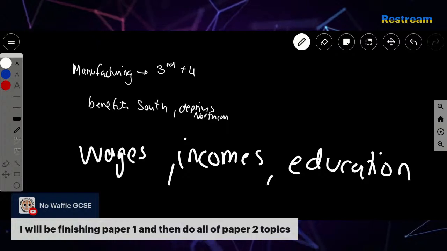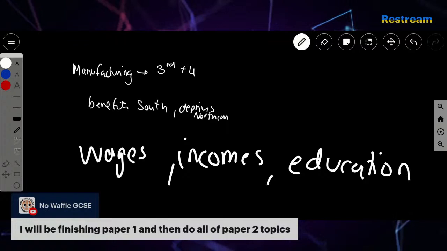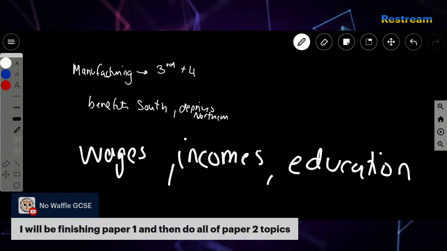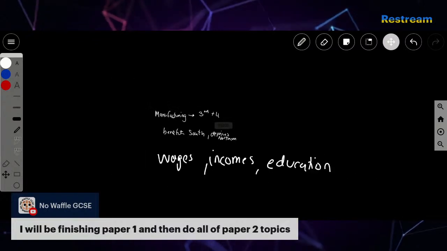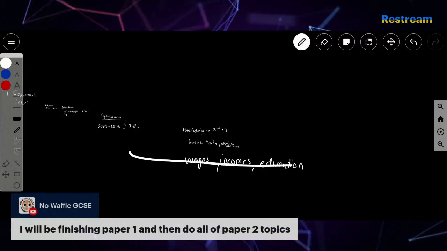So yeah, the government is trying to sort out the economic development issues and the regional differences, and the way they're doing that is there's three methods. Firstly, the first method is called devolving more powers.